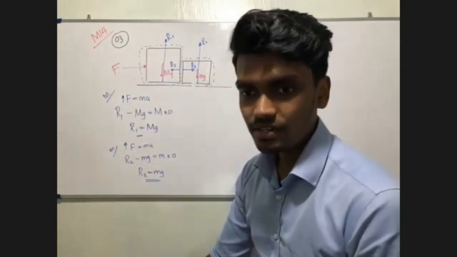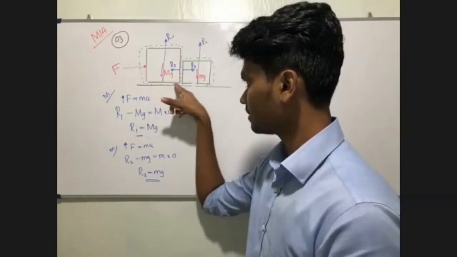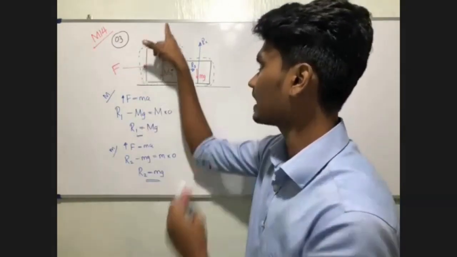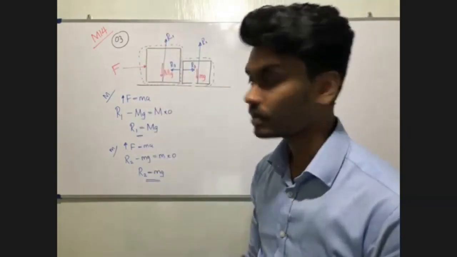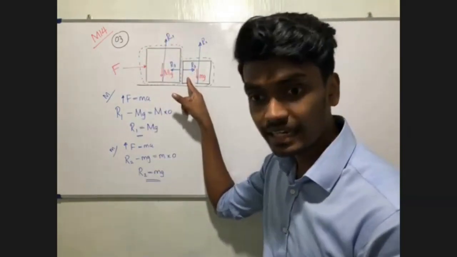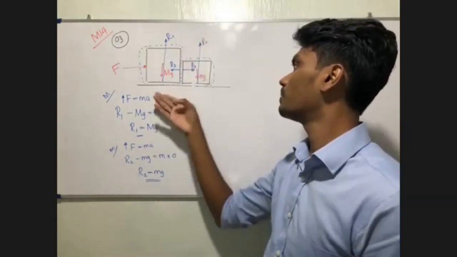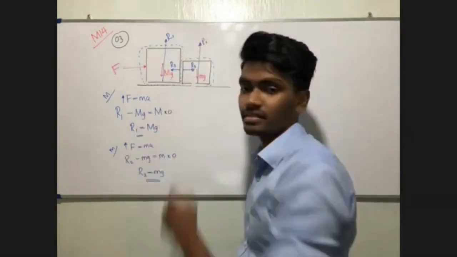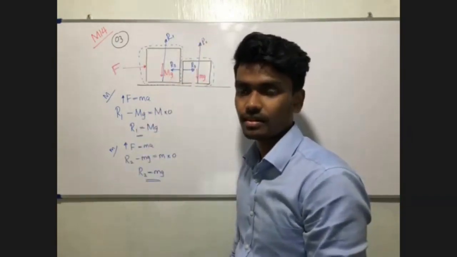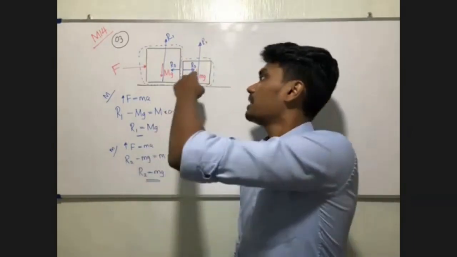So what I did was, here there is a contact surface. Therefore, the reaction will act on the capital M, R1. Here there is a contact surface, R2, perpendicular to the surface. Another contact surface is here, and another here.